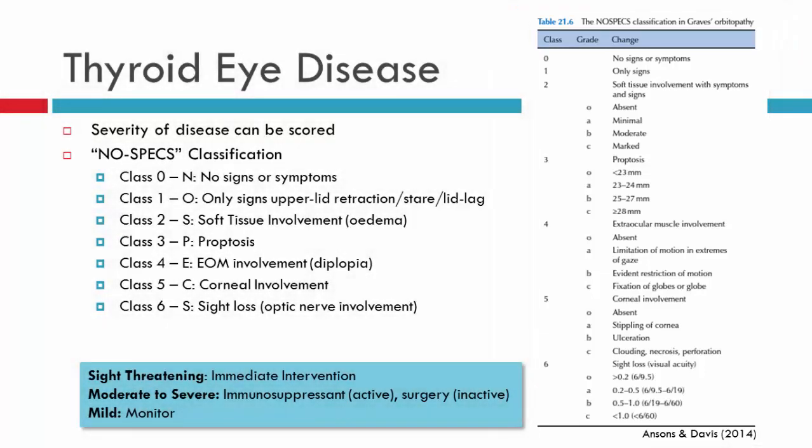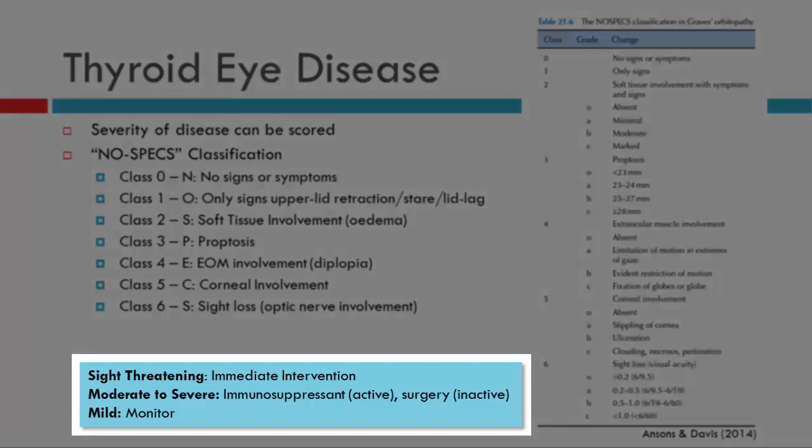So upon completion of grading and classifying the patient's thyroid eye disease, patients are classified as either being sight-threatening, in which case immediate action is required, and then there's moderate to severe, in which case treatment can be considered, immunosuppressants generally if the patient's in the active phase, or surgery if the patient's in an inactive phase.